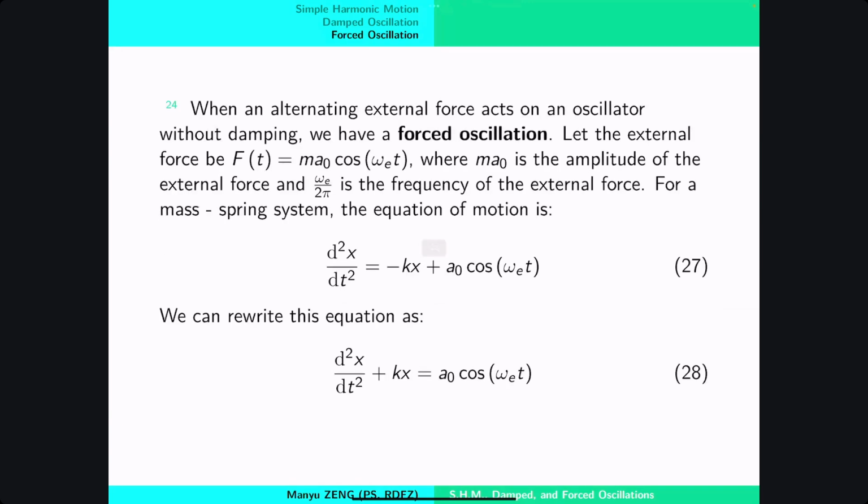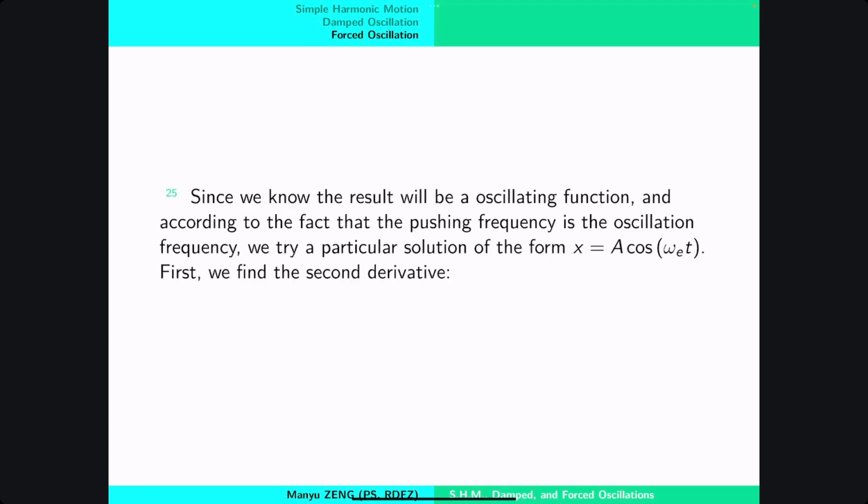So this is also an ordinary differential equation. The right hand side is non-zero, and it is also oscillating with respect to time. So this time we cannot just guess the solution.